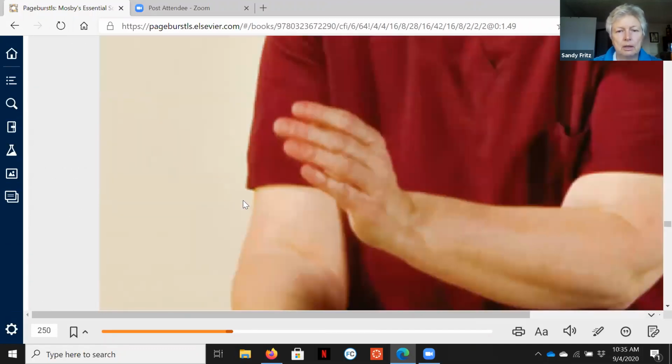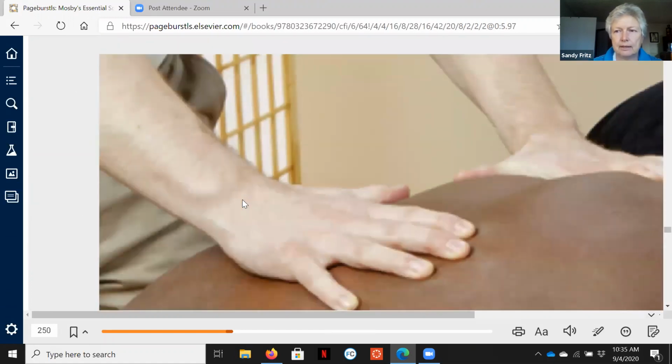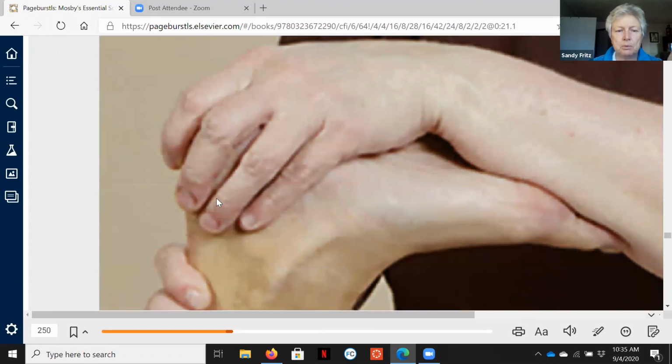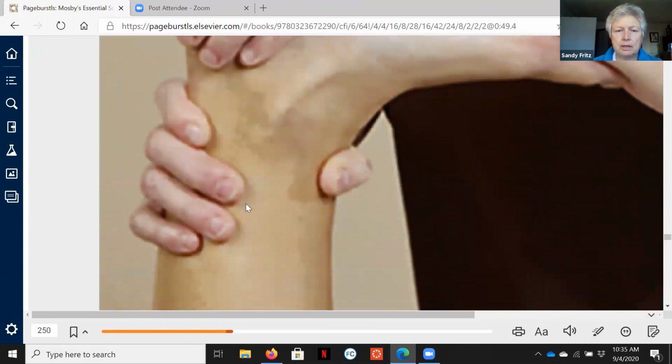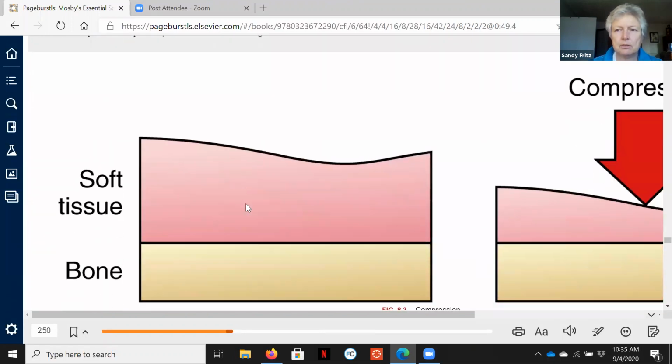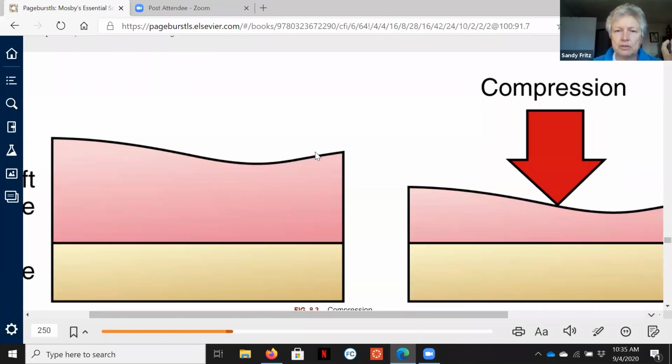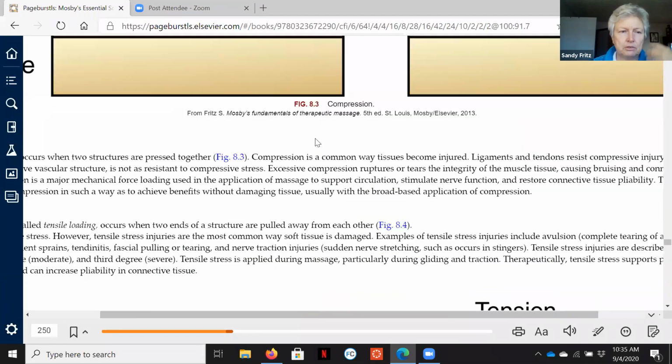Like I say, this is thoroughly discussed in the fundamentals book, but this is one of the reasons why using a textbook like Essential Science that specifically targets massage therapy is so helpful, because now you're starting to put relevance to what you're studying.